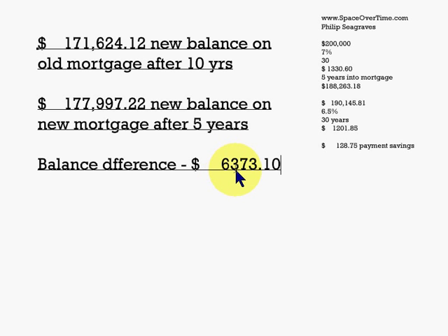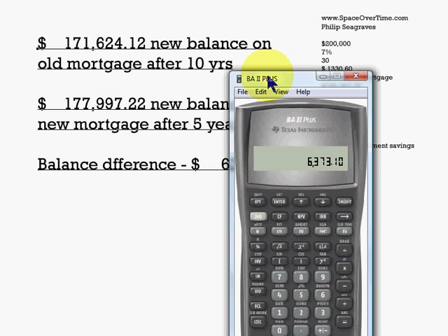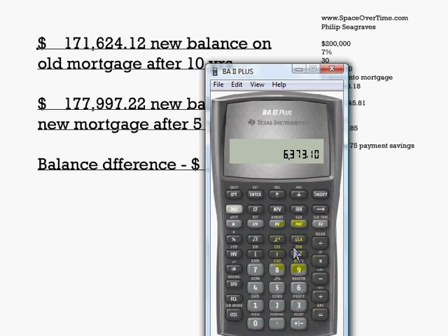So let's take this $6,373 that is going to hit us 5 years from now, and we'll discount that back to today at 7%, and that'll be at a monthly rate. We will make that $6,373 our future value.